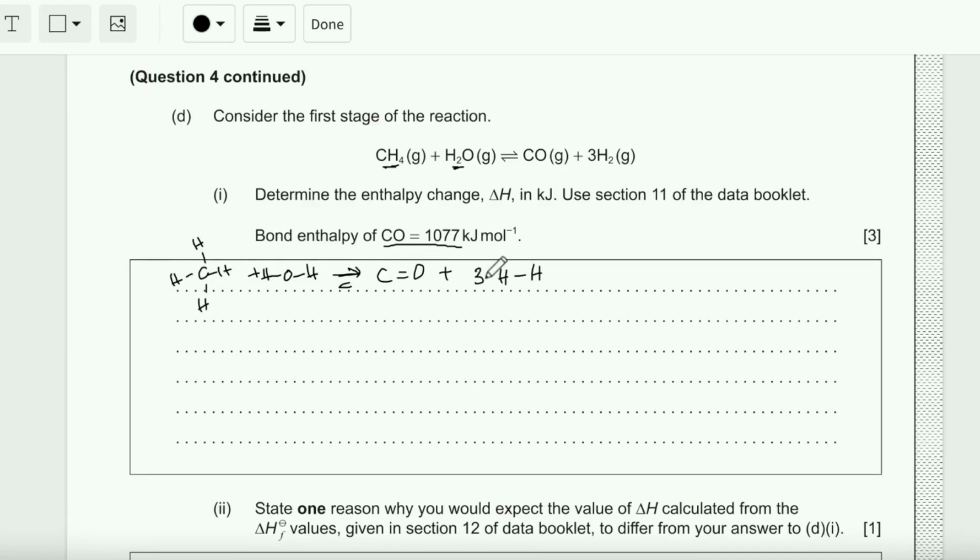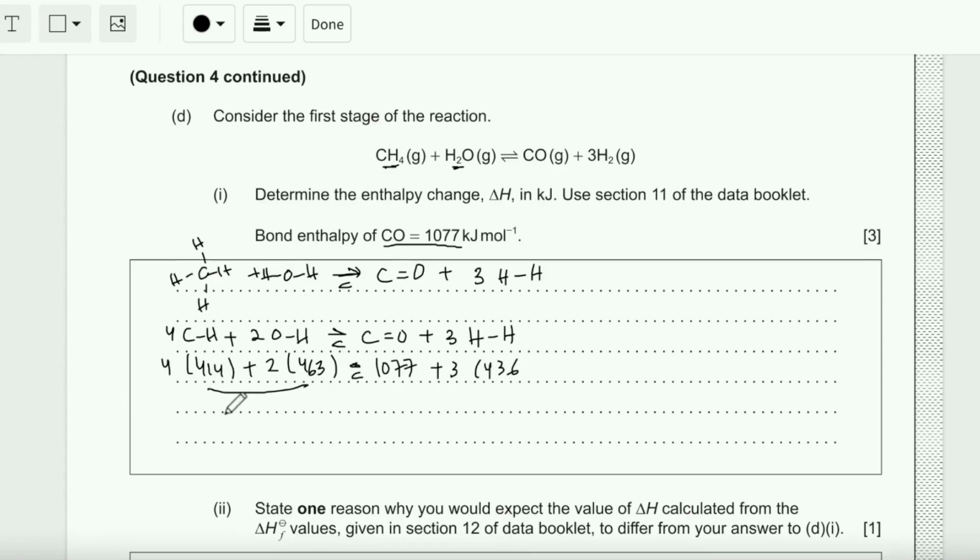Do not forget the coefficient because it takes into account. 4 C-H, plus 2 O-H, C≡O, plus 3 H-H. 4 times 414 plus 2 times 463, C≡O 1077 plus 3 times 436.